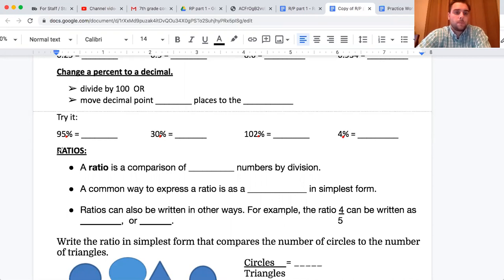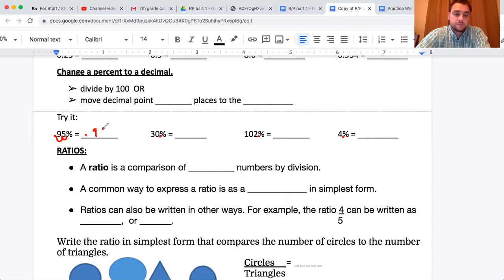So if I look at my decimal point, I know I can either divide 95 by 100, 30 by 100, 102 by 100, and 4 by 100, or if we're going to do it without a calculator, we would just take this decimal point and move 2 places to the left. So we go 1, 2, and put the decimal point in front.